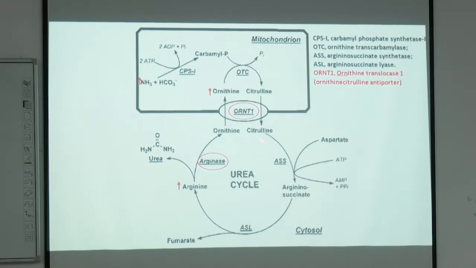When this protein is defective, then the level of arginine, ornithine, and ammonia in our blood increases. And this causes hyperornithinemia, hyperammonemia syndrome.